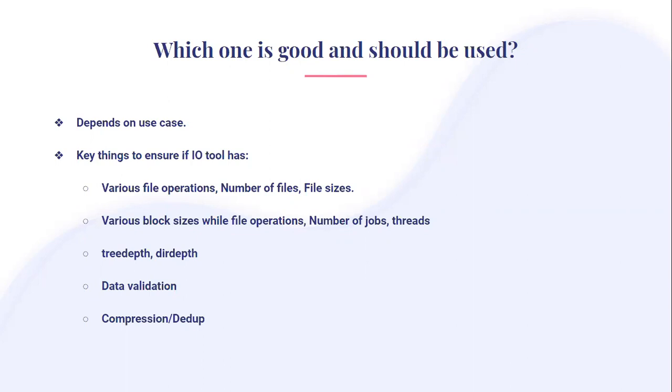There are a few things you need to ensure, because every tool has various options available depending upon its characteristics. You can see what file operations it supports, the maximum or minimum number of files it can support, file sizes, max file sizes, and what block sizes it supports.